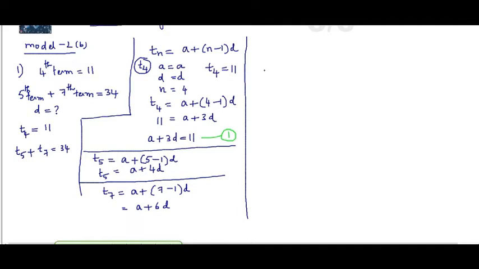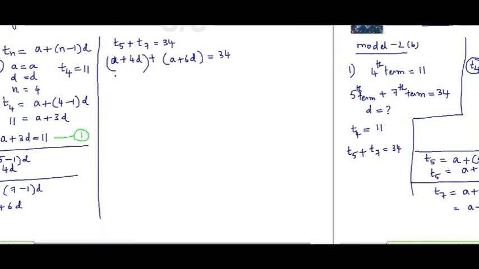I need to rewrite this because he said T5 plus T7 is equal to 34. Let me use that. What is the T5 value? A plus 4D. So I'll write A plus 4D, plus, I'll write it in the brackets so that it is easy for you to identify, A plus 6D is equal to 34.